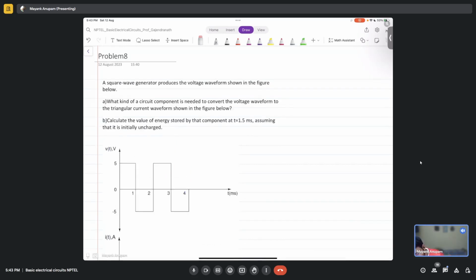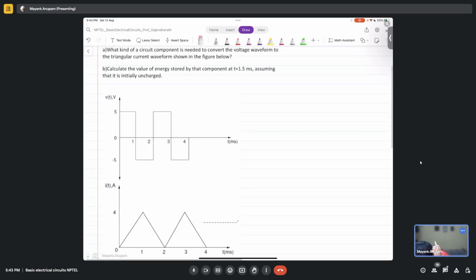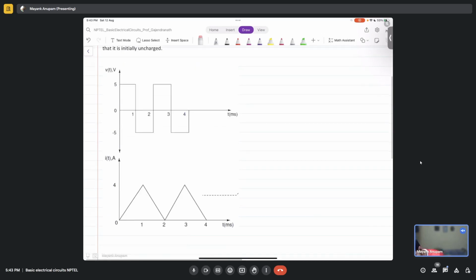Now, what kind of circuit component is needed to convert the voltage waveform to the triangular current waveform shown in the figure below? Given that you have a voltage waveform like this, how can you generate a current waveform of this kind using some circuit components?